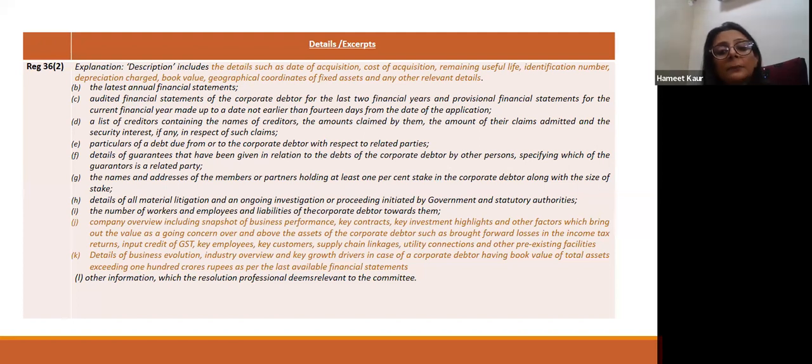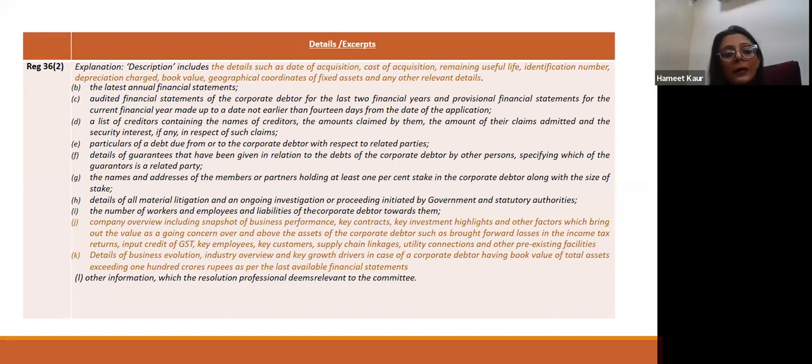If one is aware that an order has been passed, or a decree is already there prior to the ICD, those amounts have to be considered by the IRP or RP at the time of preparation of the IM, and should not wait for the filing of claims by these authorities. By now, we all have the experience of the delays that happen at the later stage of the CIRP, when it is at its fag end and at the time of successful resolution, when these kinds of huge amounts crop up, and these litigations always cause a delay.